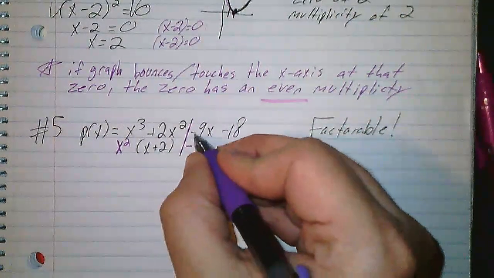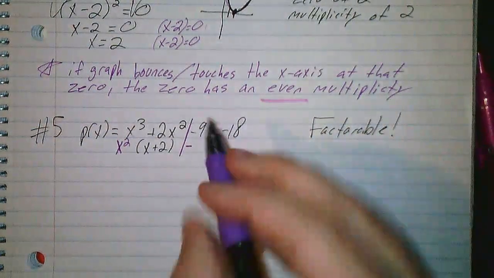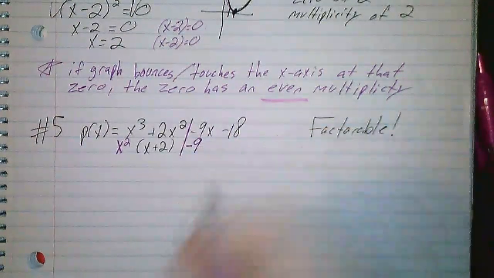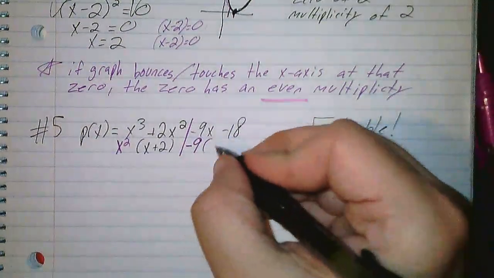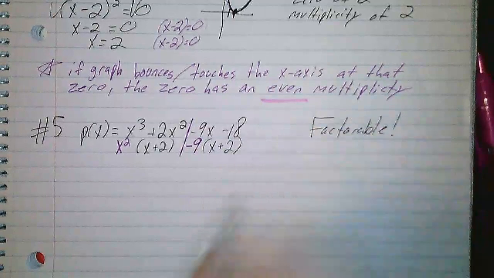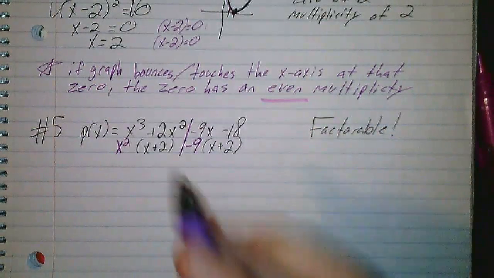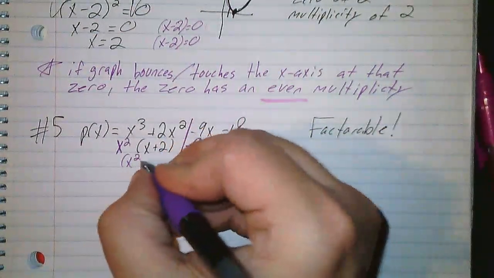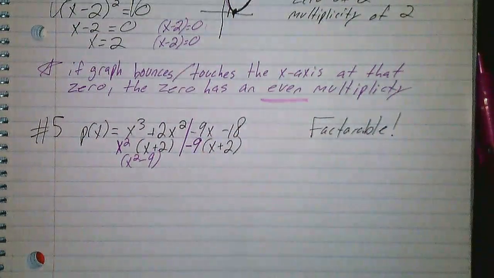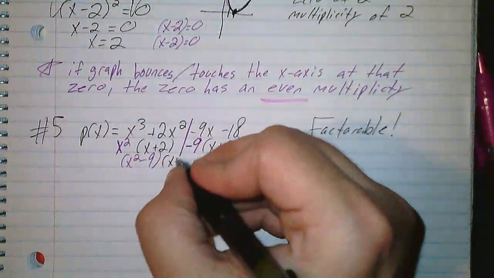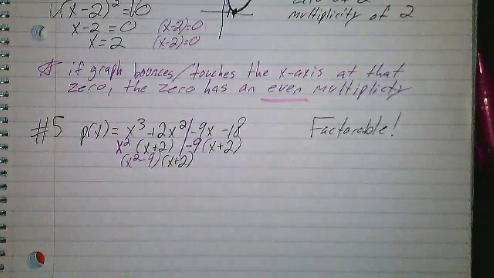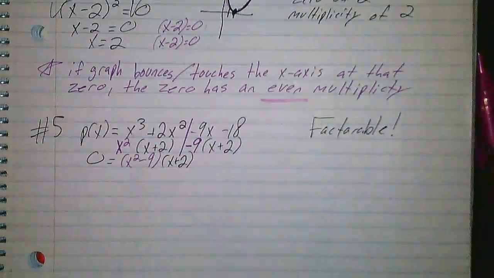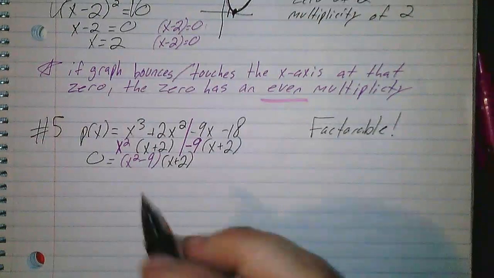We have to factor out this sign, and we can factor out a negative 9 from both terms, leaving us with x plus 2 in the parenthesis. So I have x squared minus 9 times x plus 2, and we're going to set that equal to 0 to get our zeros, to get our solutions.